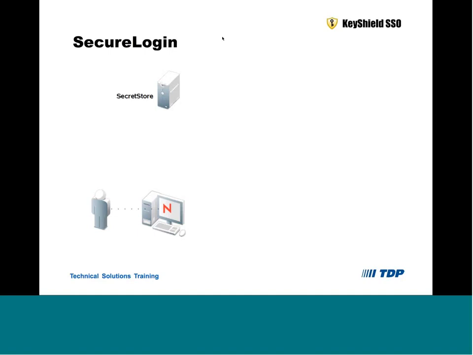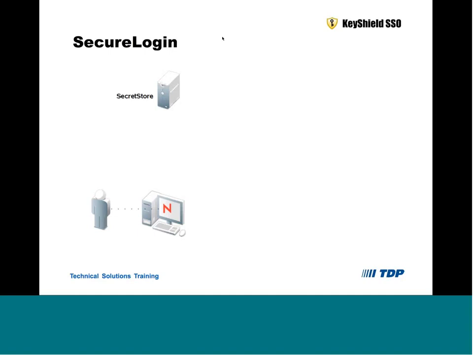You always have a so-called secret store. Secure Login is able to use a secret store within eDirectory. It works with Active Directory. It can use a cached secret store on the local drive. But basically, at the beginning, you have to authenticate to the secret store through the local client.